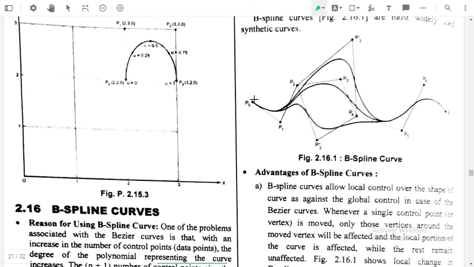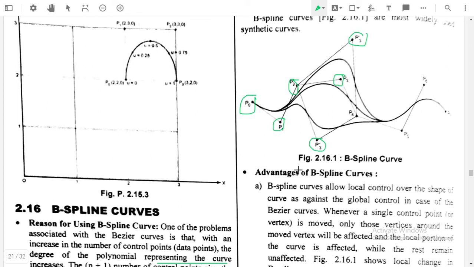See here, there are different data points: P0, P1, P2, P3, here is P3 dash, here is P3 double dash, P4, P5, P6.